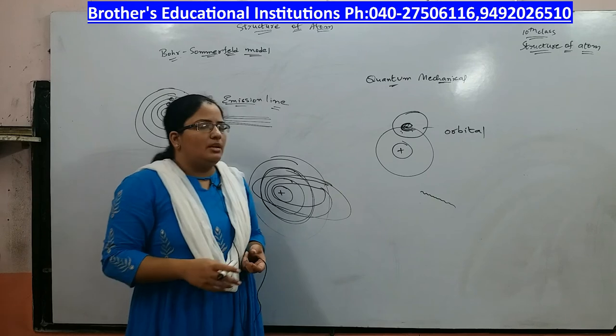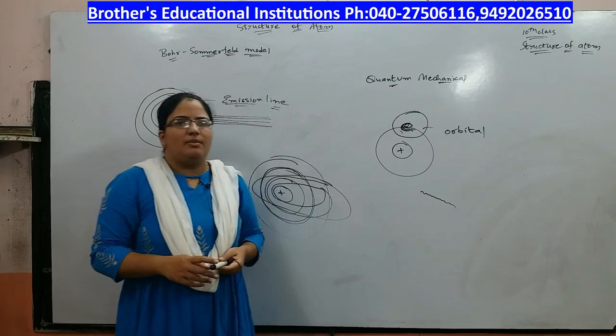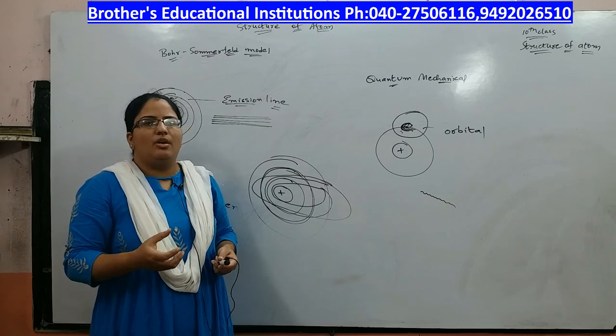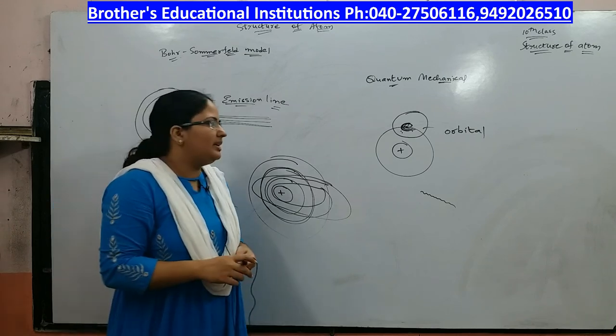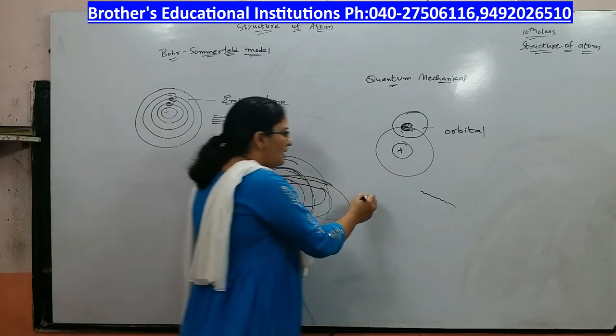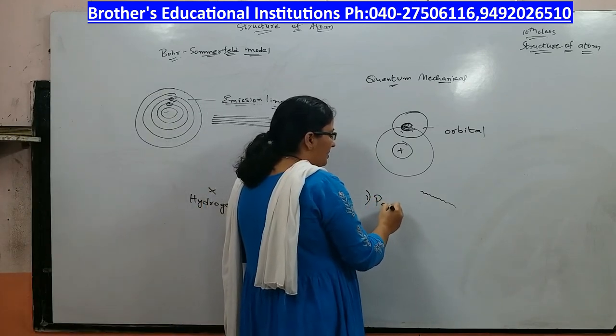Now, in order to find the exact position, the location of the electron, four quantum numbers have been introduced. First one is the principal quantum number.